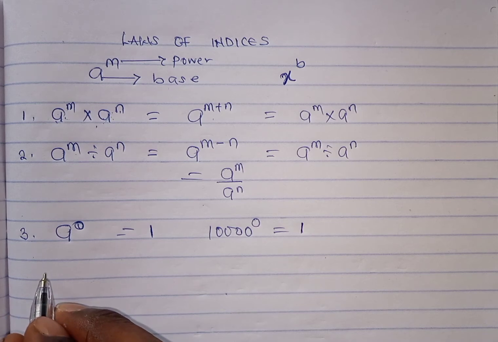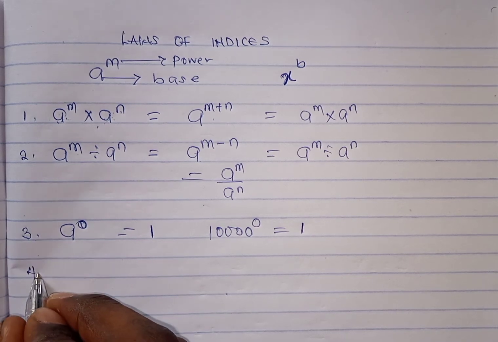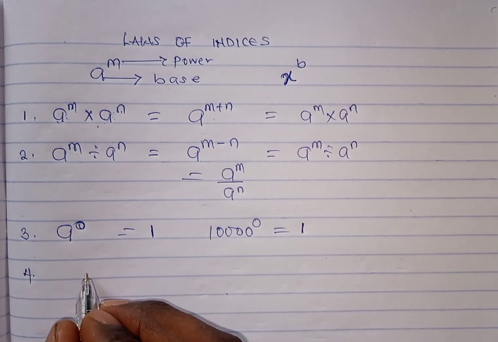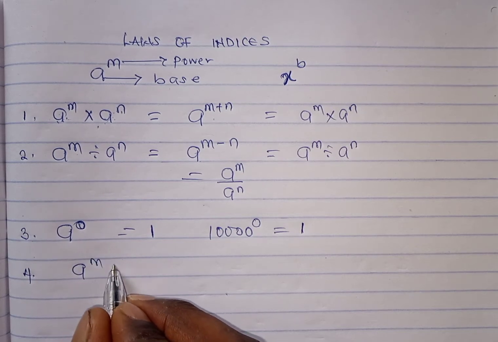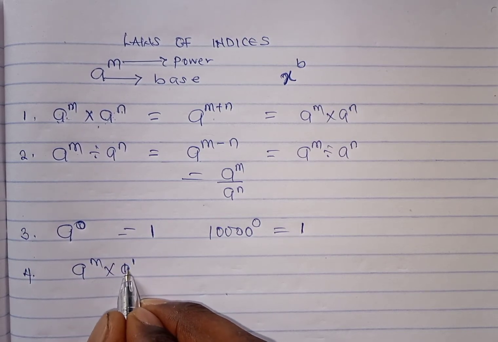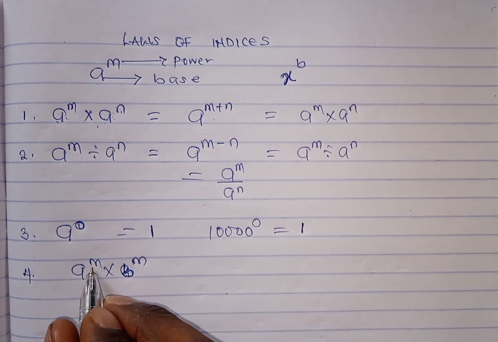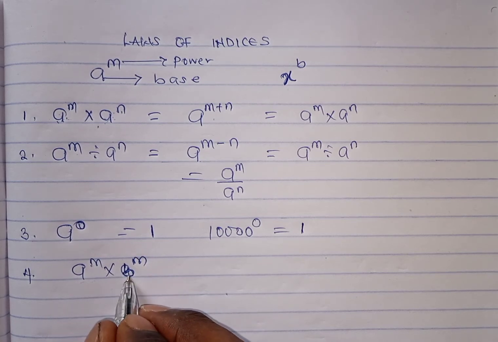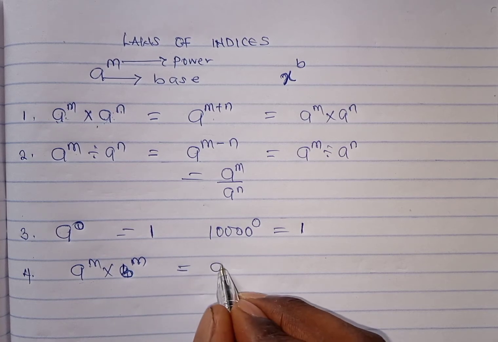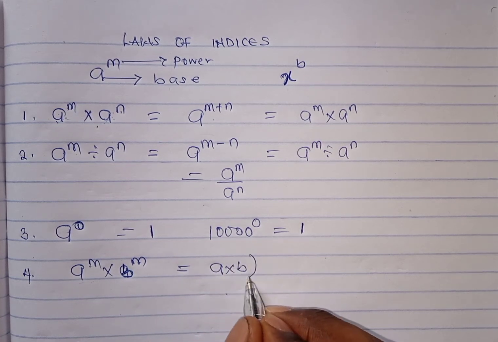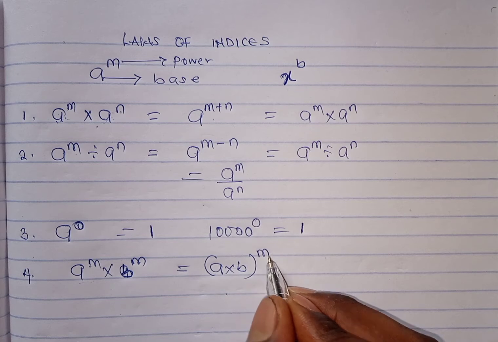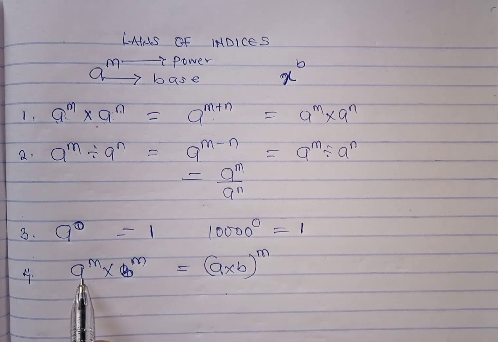Now, the fourth law is if what you are given has the same power but different base. You simply express it as a multiplied by b, then raised to the power of m. You see it? They have different bases but they have the same power.